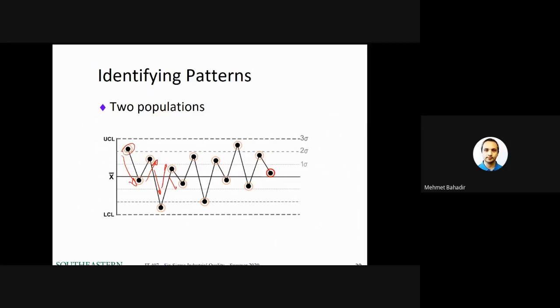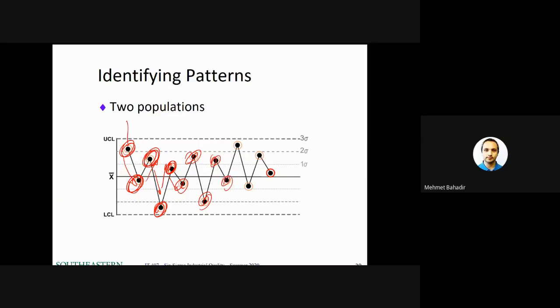For example, you have two machines or two operators, and you get your first data point from the first operator, and then next time you go to the second operator and get your readings from the second one. The third time you go back to the first operator again. The fourth time you go to the second operator, and you keep doing the same thing: first operator, second operator, first operator, second operator.